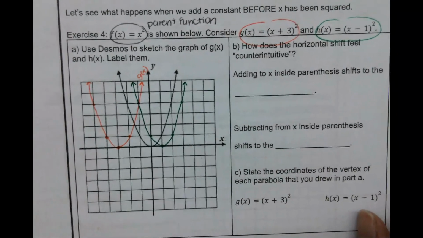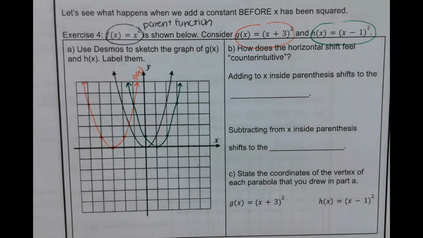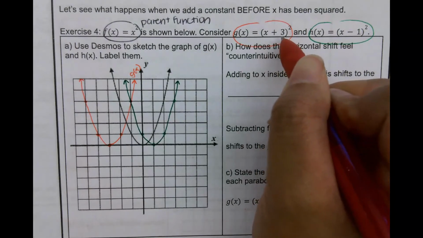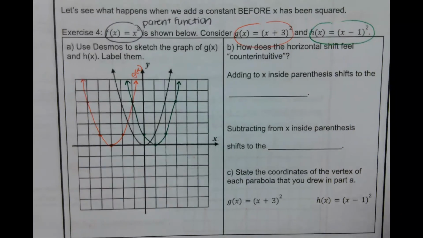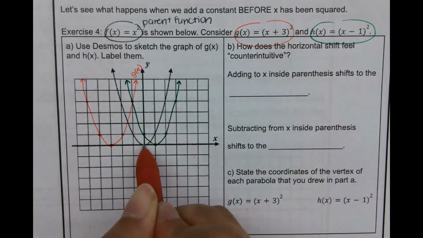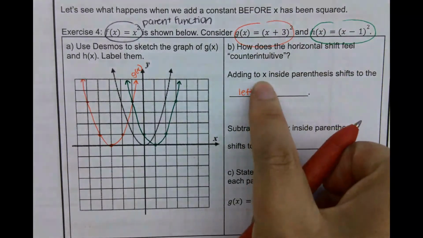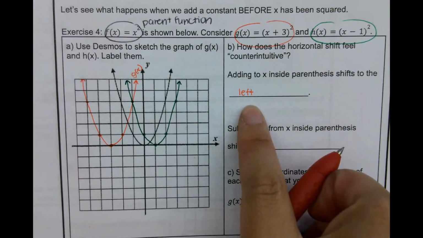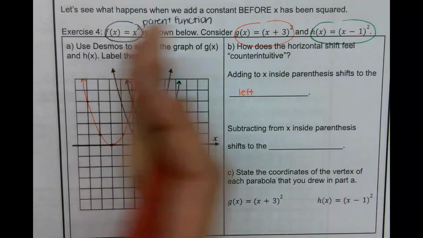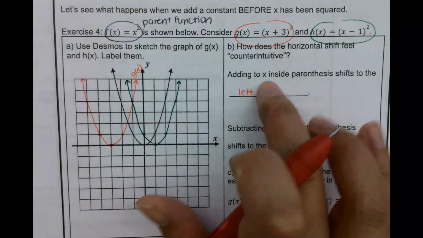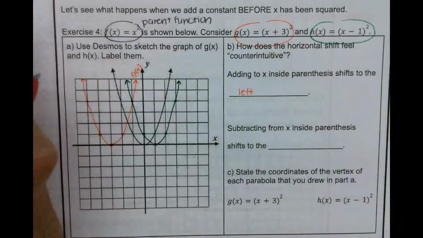How does the horizontal shift feel counterintuitive? What you should notice is that when we added to x inside the parentheses, it actually shifted my graph to the left. Normally when we think of adding, we think it'll move right, but here adding to x inside the parentheses moved it to the left.